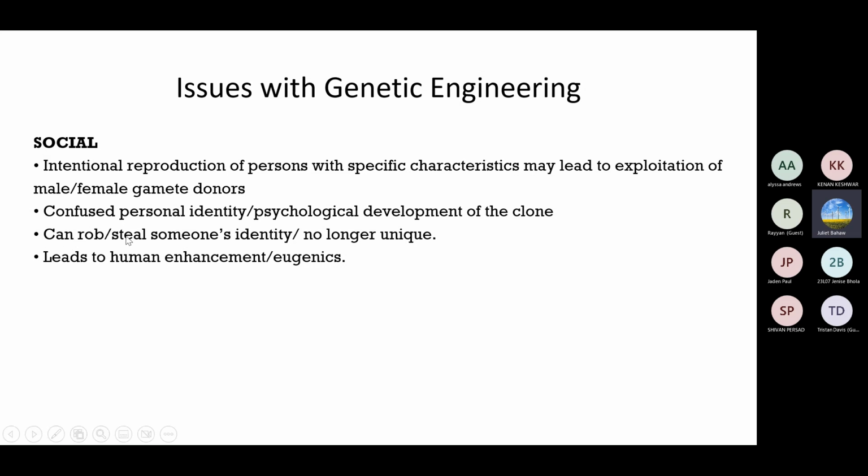It could lead to robbing or stealing someone's identity. If you have someone's DNA or someone's gene, you don't know, someone can make a clone. So that is why genetic engineering has been banned in humans. However, genetic engineering is still being practiced in plants as well as animals.